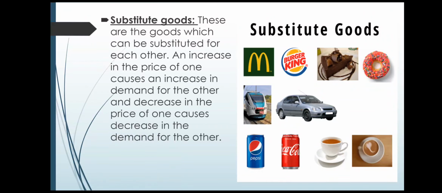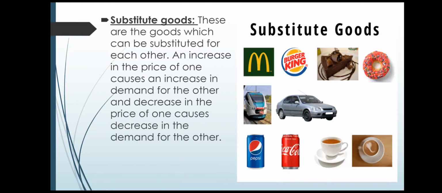If a person is willing to have cold drink, he or she can choose either Pepsi or Coke. So both are substitute goods. They can be used in place of one another. So suppose there is an increase in the price of Pepsi, then people are going to think, why should we spend more in order to get Pepsi?